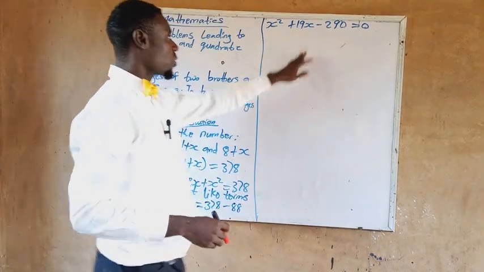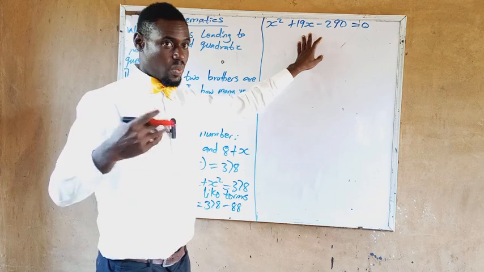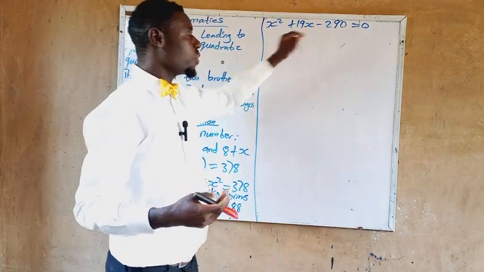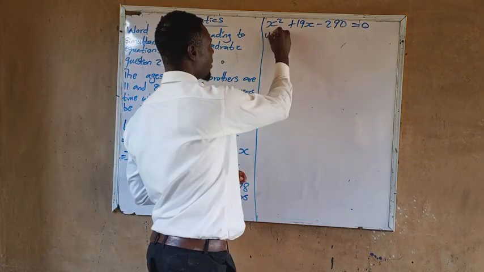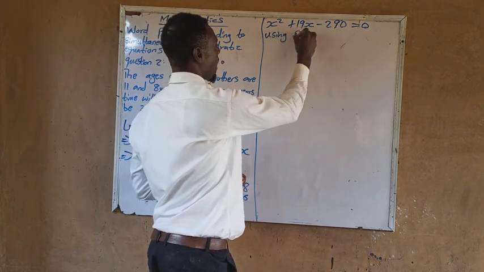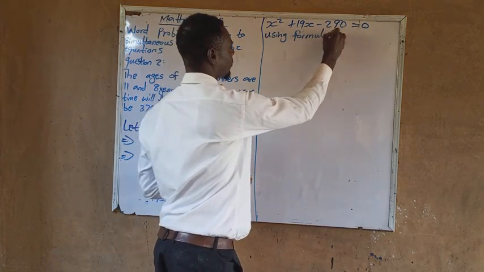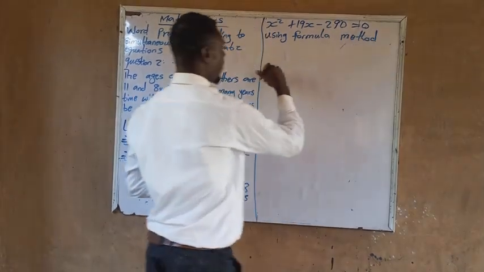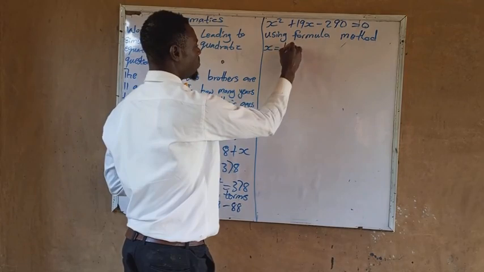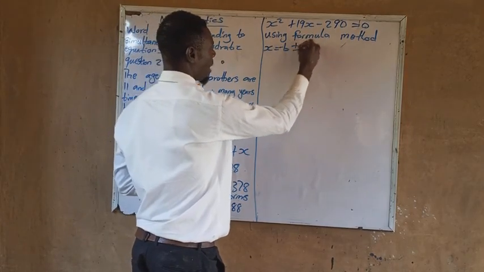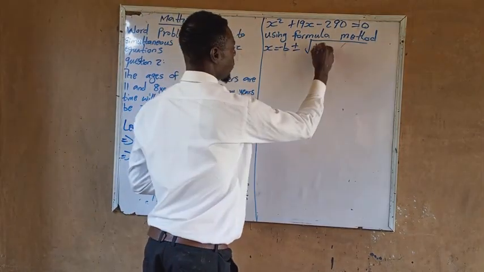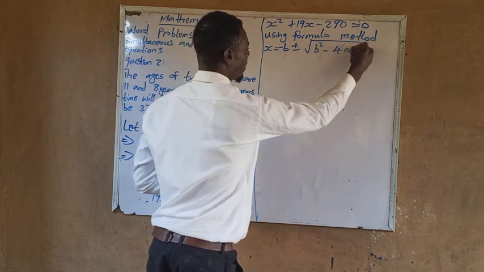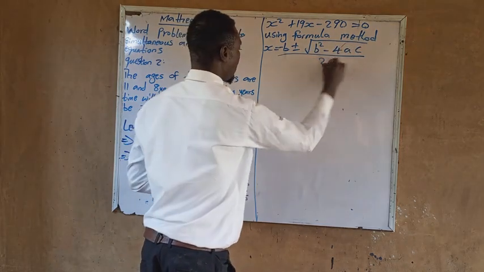Now, at this point we want to use the factorization method, but we cannot get it, so we use the formula method. The formula says x equals minus b plus or minus the root of b squared minus 4ac, all divided by 2a.